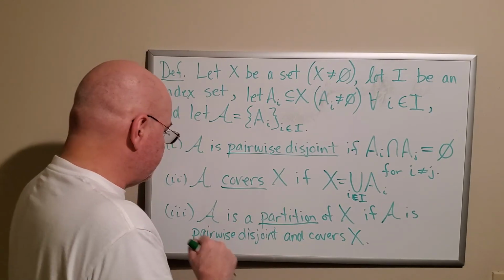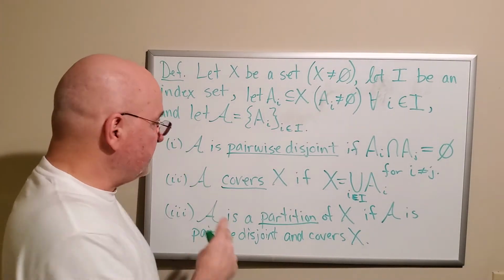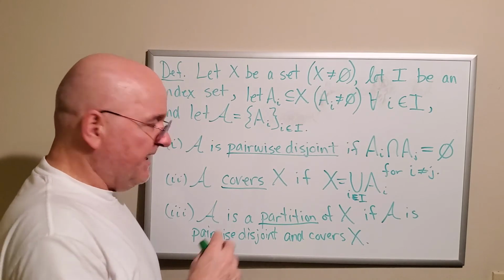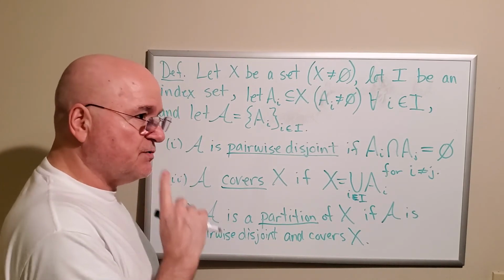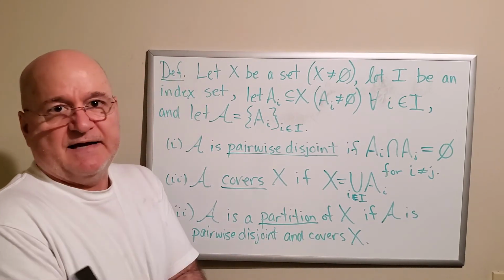It's a partition of X if all the sets inside the collection are pairwise disjoint, and the union of all the sets in script A equals X.